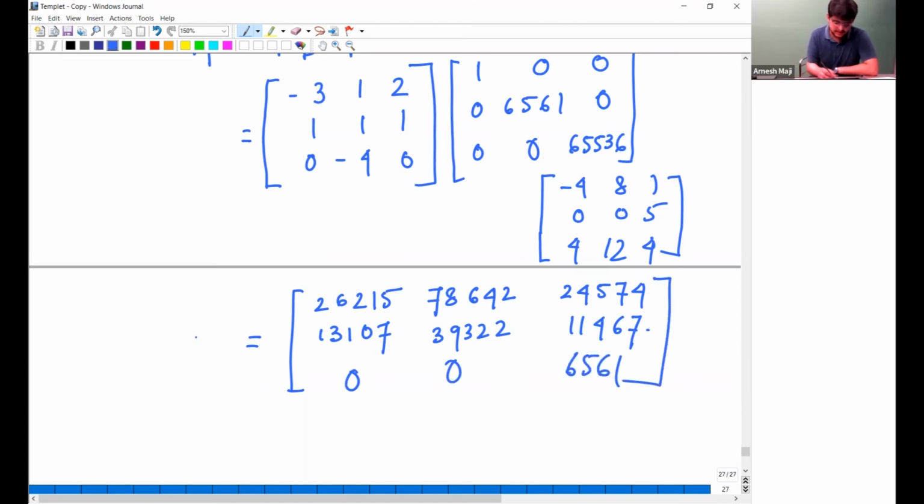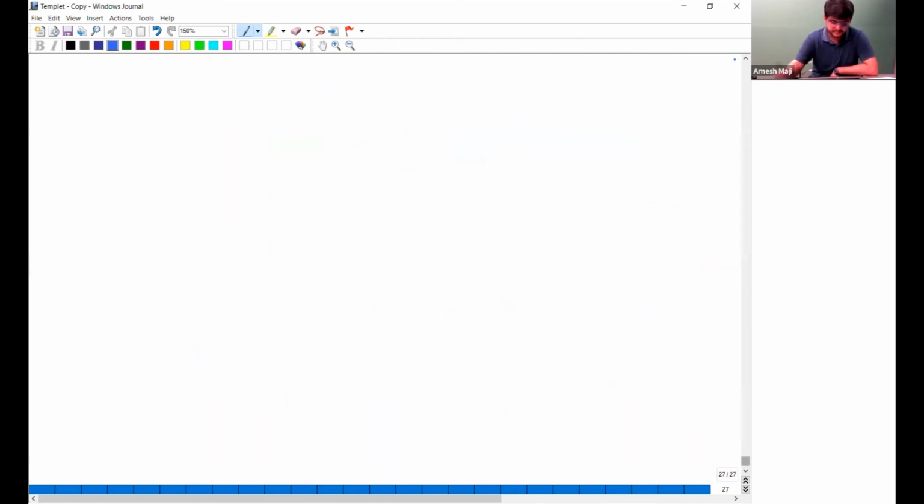This will be the matrix A raised to the power 8, and this is how we can find powers of a matrix: by diagonalizing it, and then finding the powers.